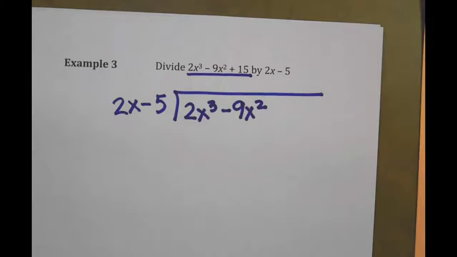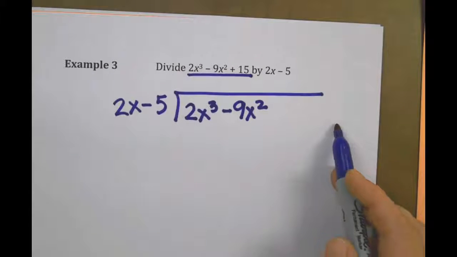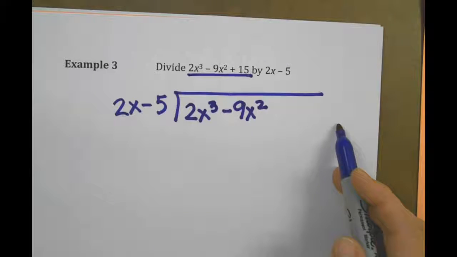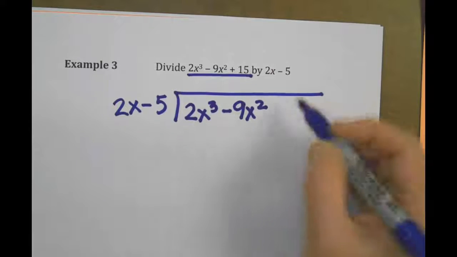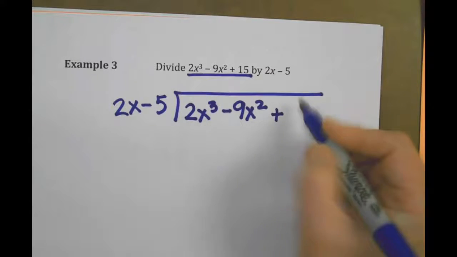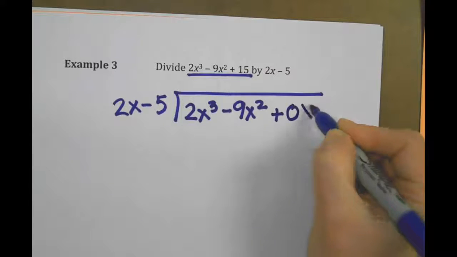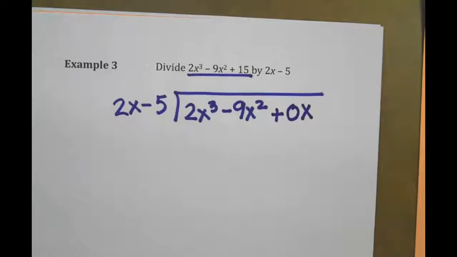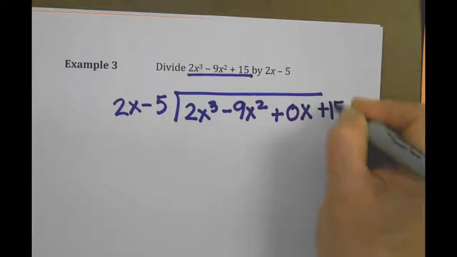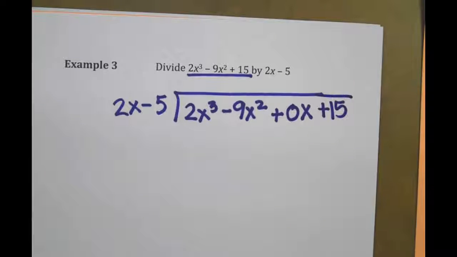But in my dividing, I need an x to the first power to keep my columns all lined up. So in order to keep the columns lined up, I'm going to have to put in a 0x to the first power as a placeholder, or my columns will get messed up and it won't work out right. So if I am missing a term, you have to put in a 0 placeholder.